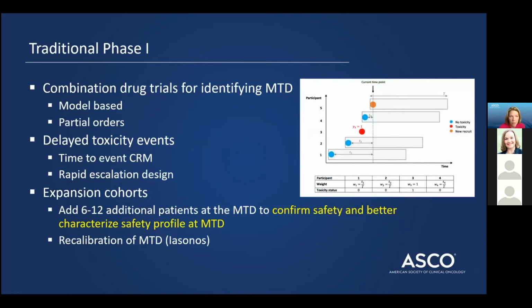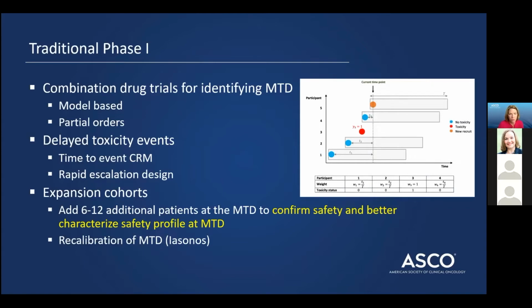These are commonly used in radiation oncology trials, where sometimes there are late toxic effects, and you don't necessarily need to wait a specific time to collect patients' information, but you treat their toxicity as a time-to-event endpoint instead.